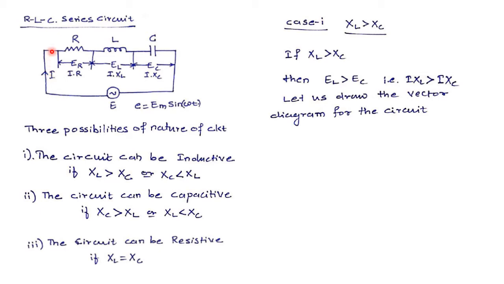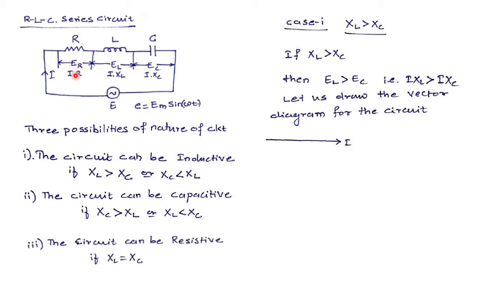Current I is flowing through R. Okay. So first we will take current I as the reference vector. Now we know current I is flowing through R, creating a voltage drop of ER across it. In a resistive component, the phasor relation between voltage and current is in phase. So already I have the vector of current as the reference vector.